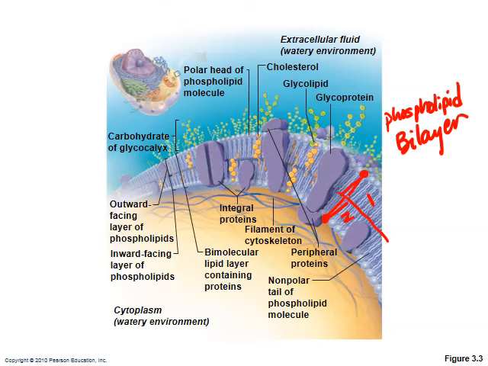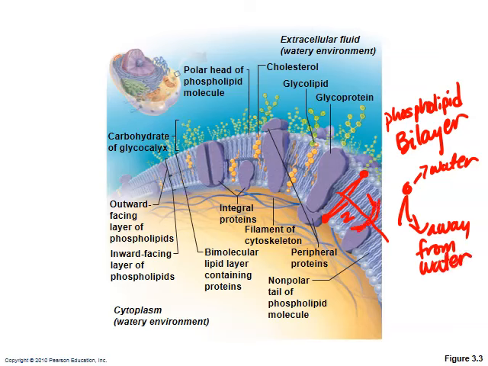Remember that the tails hate water. So the heads go towards the water and the tails away. So naturally, this bilayer is created where the tails are trying to get as far away from water as possible.